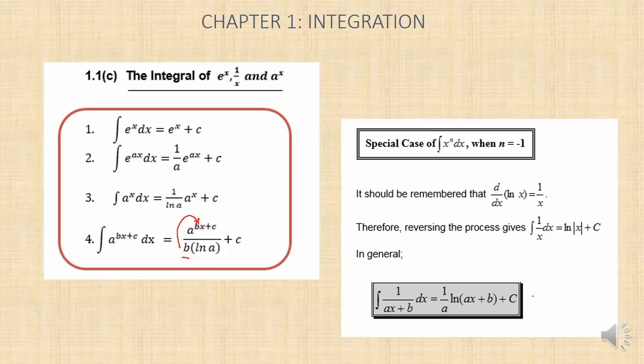Or we can write it as ln ax plus b over a. Okay, that's the basic integral of exponential and 1 over x.